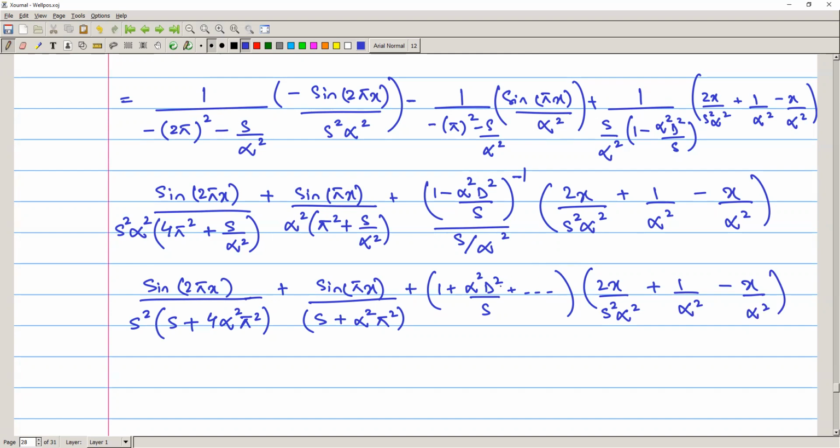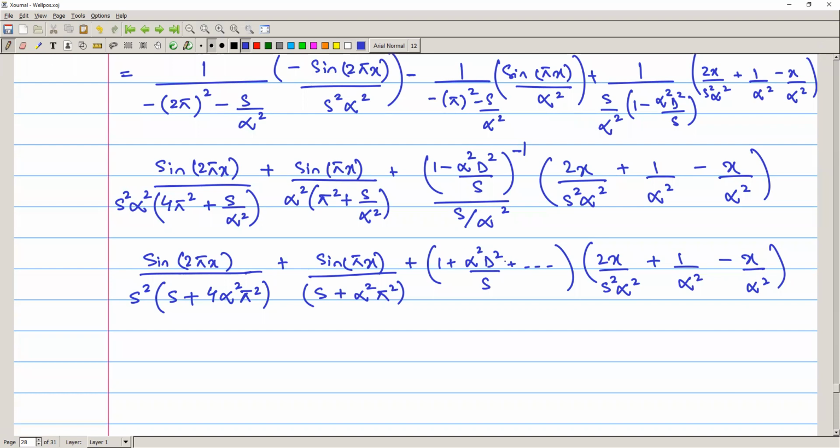So this is D squared, and here we can see that the highest power of x is 1. So we don't need the further terms in the series, because the second derivative will make this 0, and the further terms, D4, D6 and so on, will also make this 0, so we don't need them. Only what we need is 1 plus alpha squared D squared over s. This D squared over s will make this whole thing 0, so we will only be left with the function that I will write now.